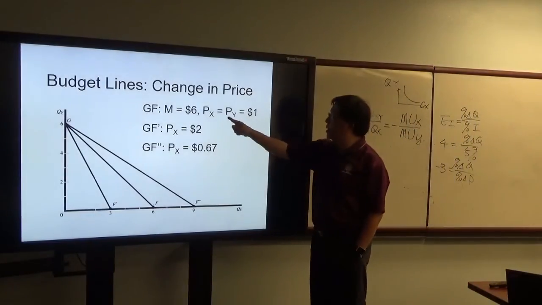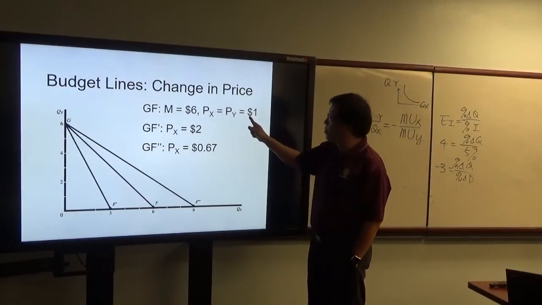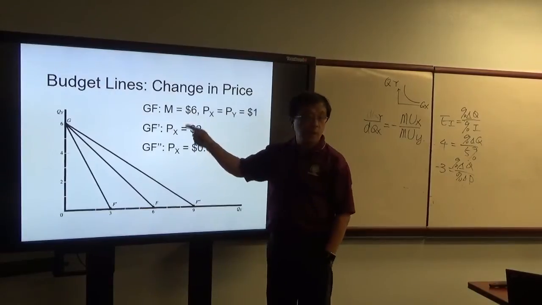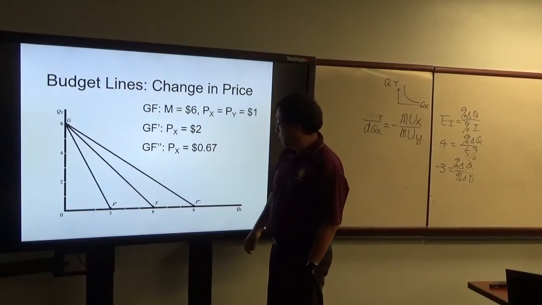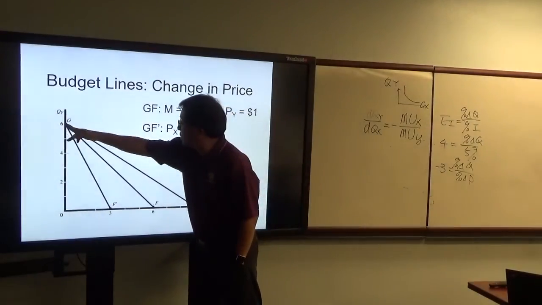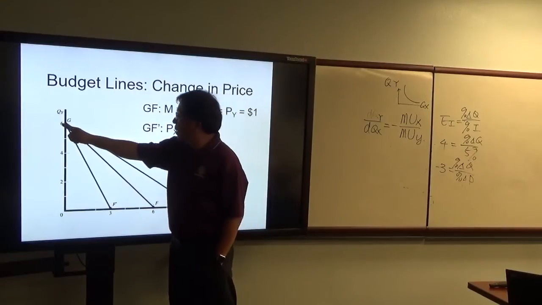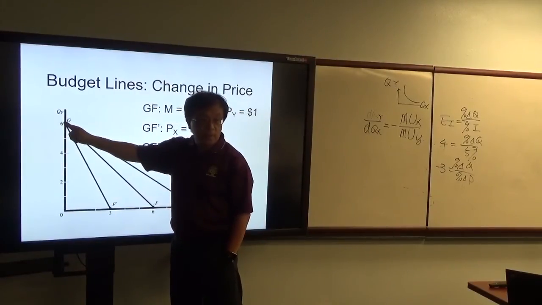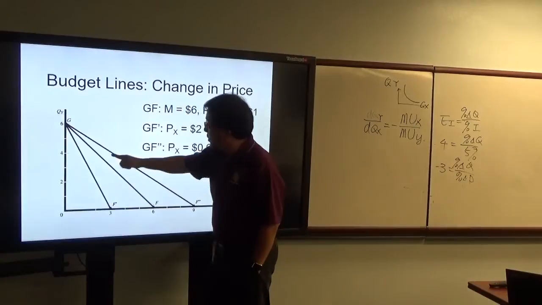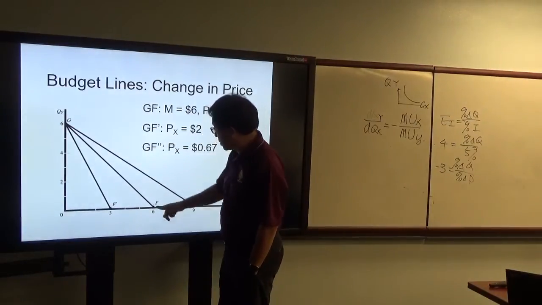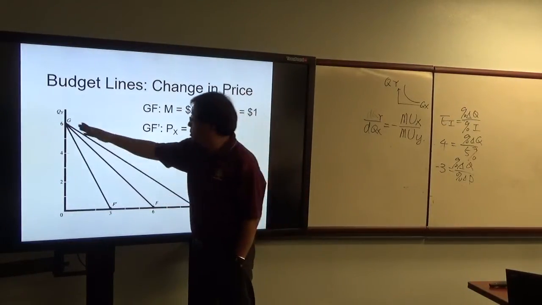Both pizza and beer are $1, and your income is $6. So you can see 6 here, 6. If you spend all the money on beer, six cups of beer, right? If you spend all the money on pizza, 6 pizza, right? So this is the original.